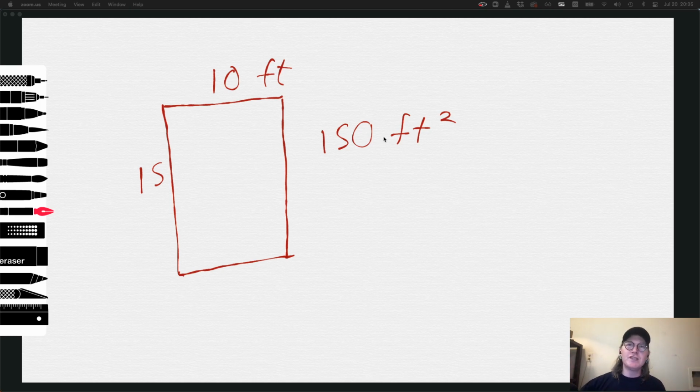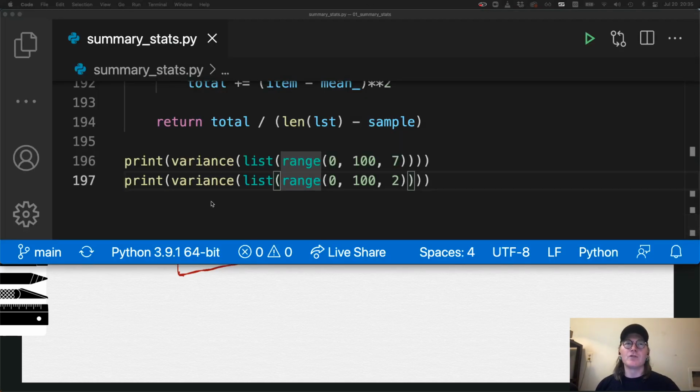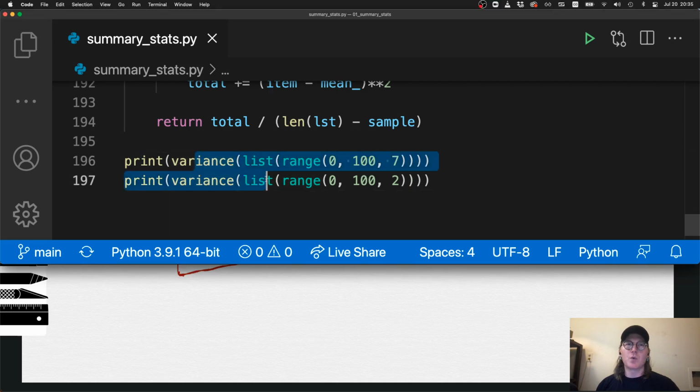And what's easier to think about is actually just the square root of this. If we took the square root of 150, that would be easier to interpret than 150 square feet. Likely, depends on what spaces you're in and how you use squared values. So some people are very comfortable with variance, and other people are going to opt for standard deviation.